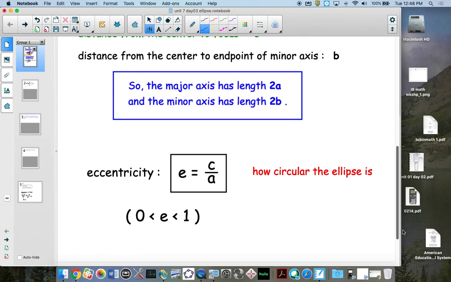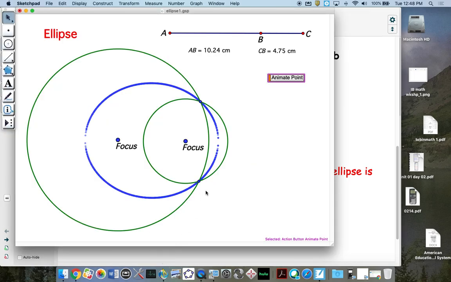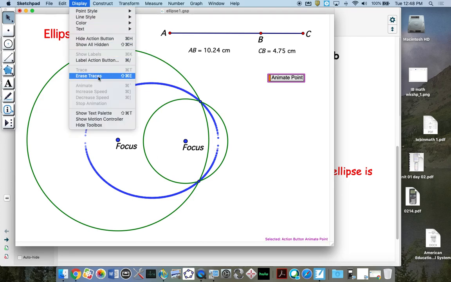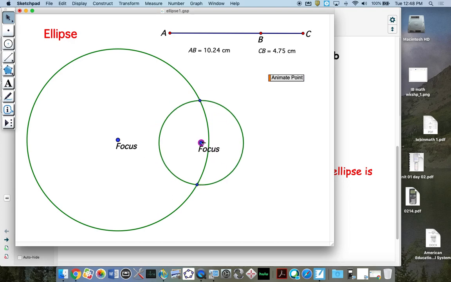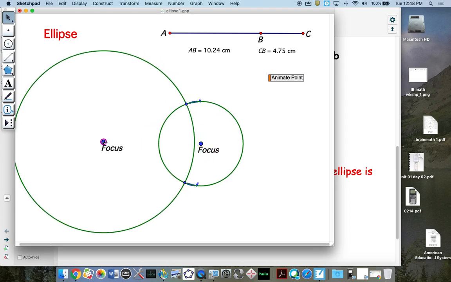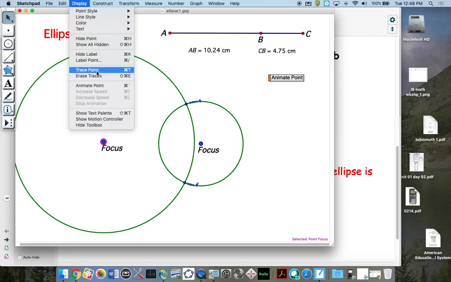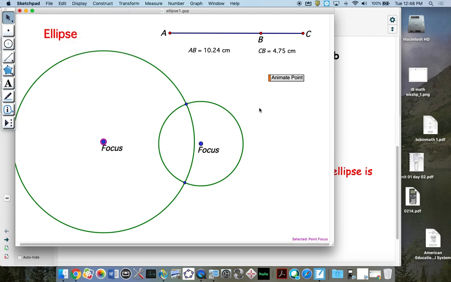And so this number that we get between 0 and 1 for eccentricity basically tells us how circular the ellipse is. So let me go back to that sketch I had set up somewhere. There it is. And I'm going to move these a little bit. So first of all, let's get rid of the traces. Let's separate the foci a little bit more. Okay, so I moved them further apart.